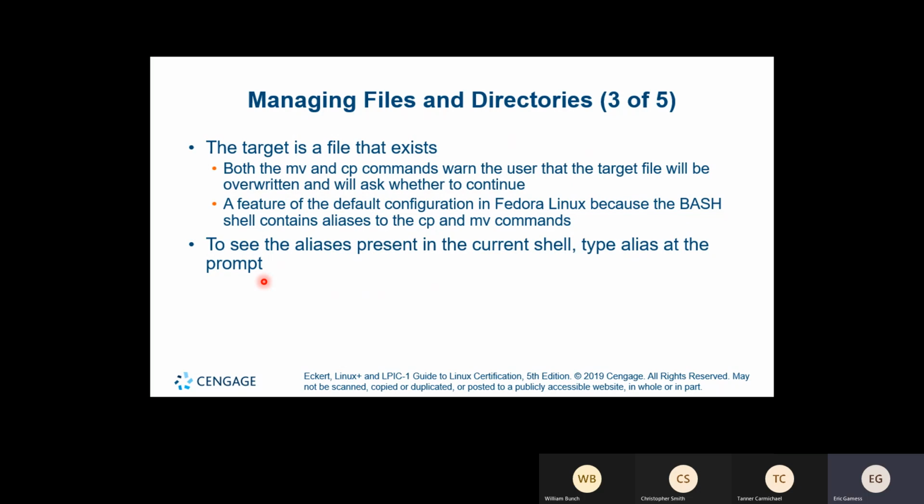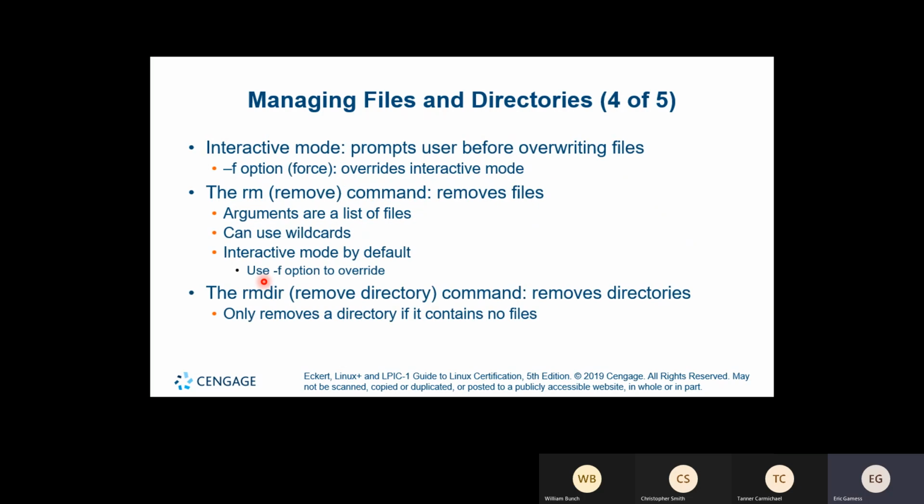Okay, so rm is to remove a file. I can also remove a whole directory using the option -r. rmdir is to remove just one directory, and it has to be empty.